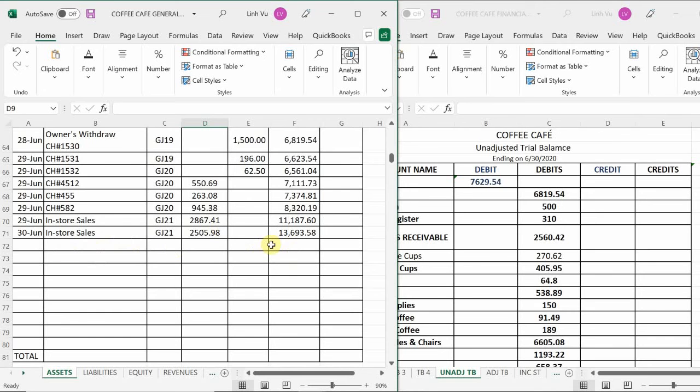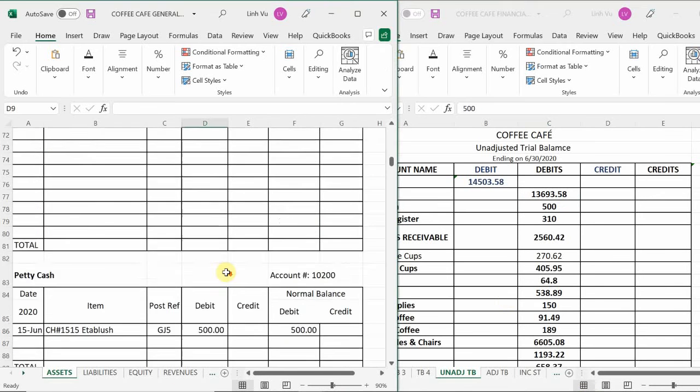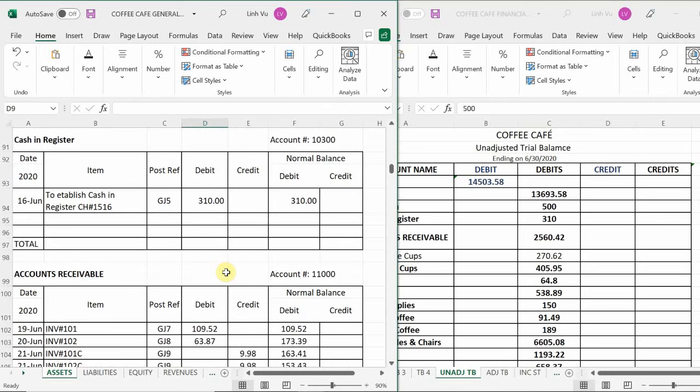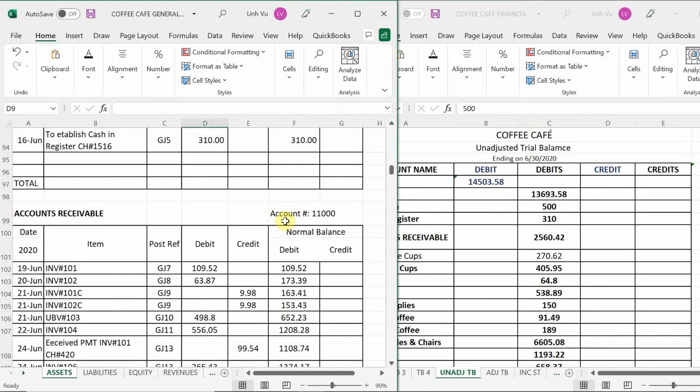So here, the checking is now 13,693.58. Okay. Petty cash is still 500, and the cash in register is still $310. So now my total money in my bank account should be 14,503.58. Okay. Good so far.